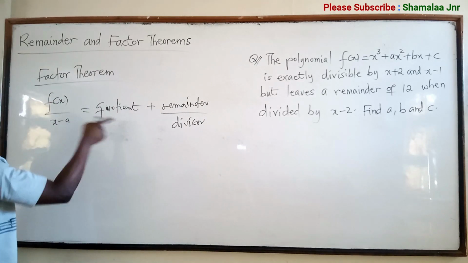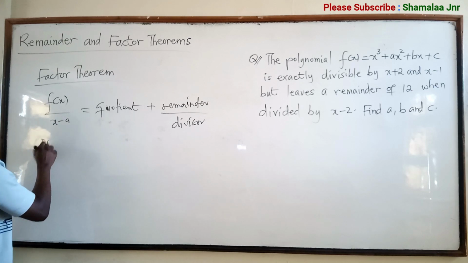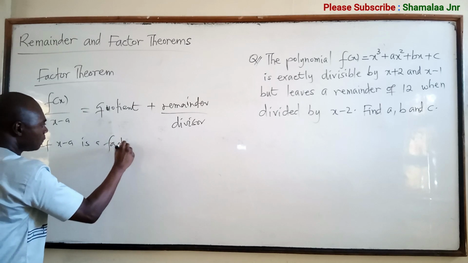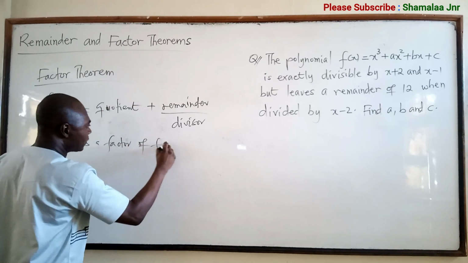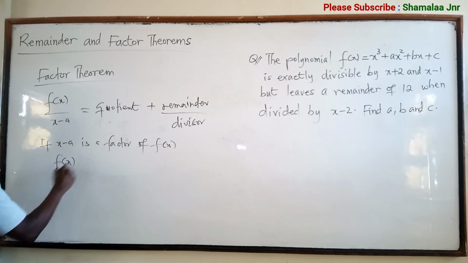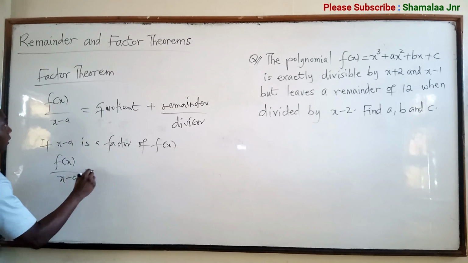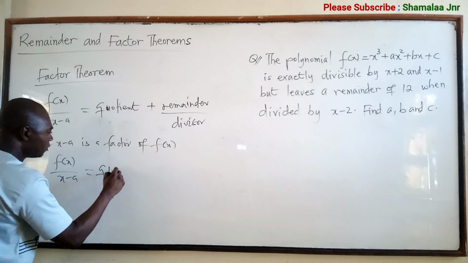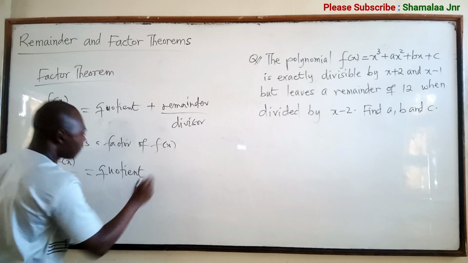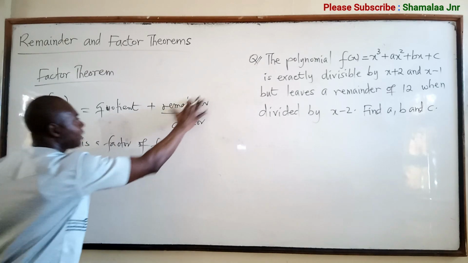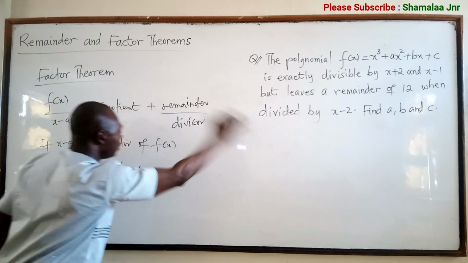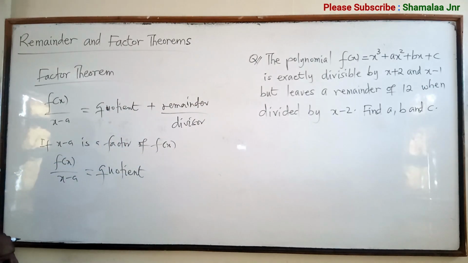So it means that if x minus a is a factor of f of x, then from here you can say that f of x over x minus a is equal to quotient. Yes, I want you to understand everything. Because it's a factor, there won't be any remainder. The remainder will be 0, so everything here will go to 0. So this will be the formula.